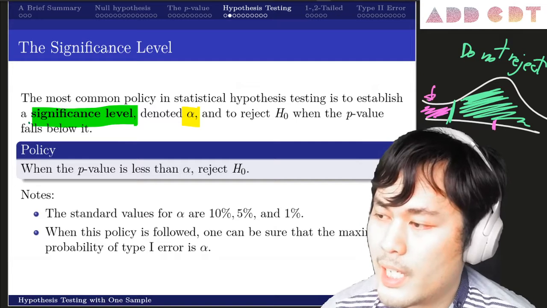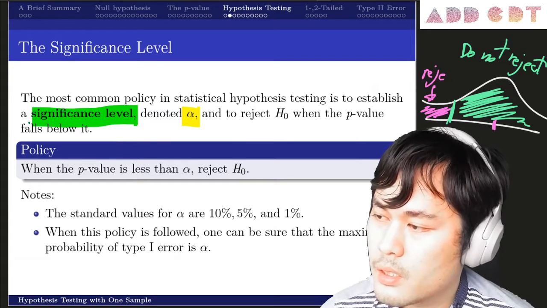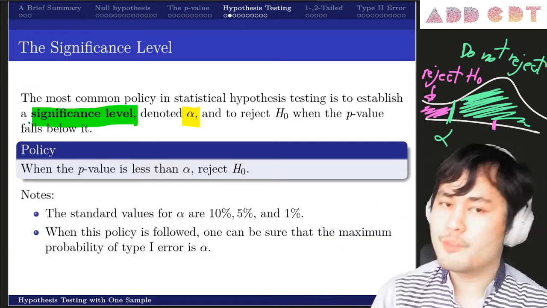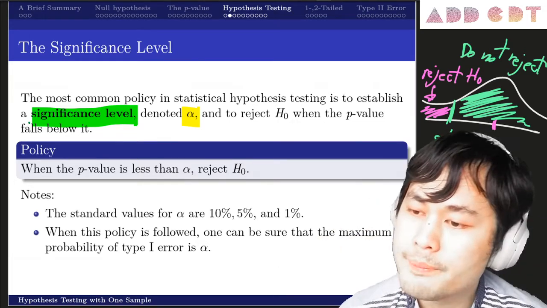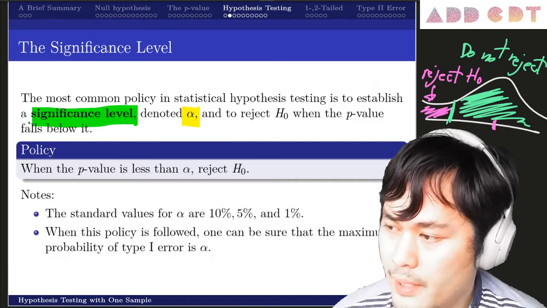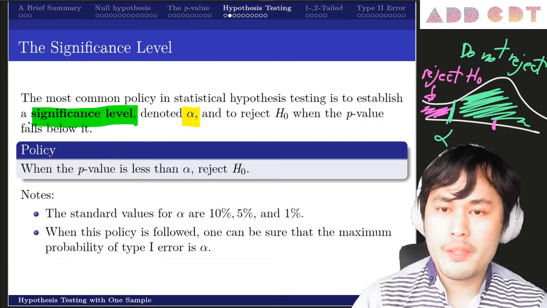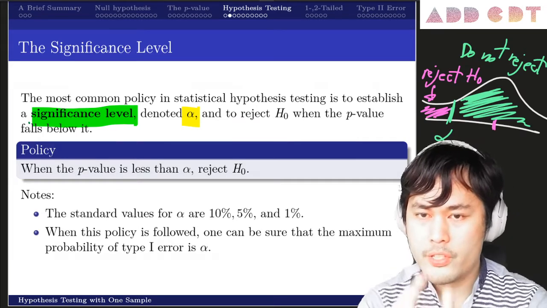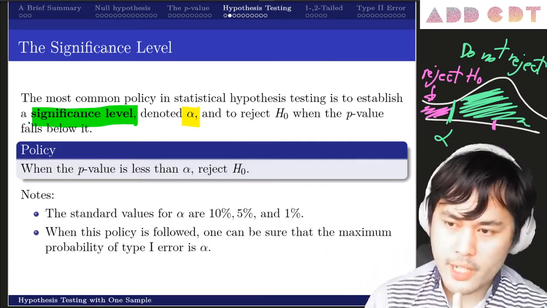In this area, we reject H null, reject what we have believed. So alpha is the gate that divides the numbers between those that we do not reject and those that we reject.